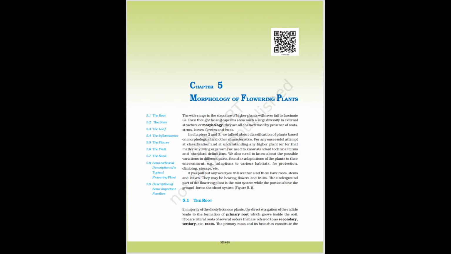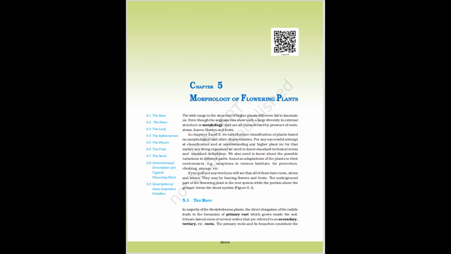Summary: flowering plants exhibit enormous variation in shape, size, structure, mode of nutrition, lifespan, habit, and habitat. They have well-developed root and shoot systems. Root system is either taproot or fibrous. Generally, dicotyledonous plants have taproots while monocotyledonous plants have fibrous roots.